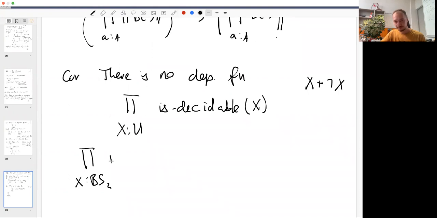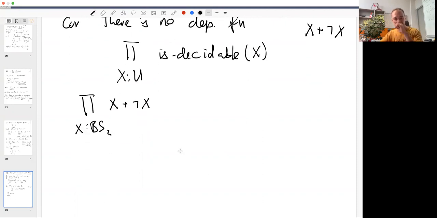And then let me write out X plus not X. Okay. So if we had this, then actually we can simplify this a little bit so that it's just the type of sections of BS2 again.